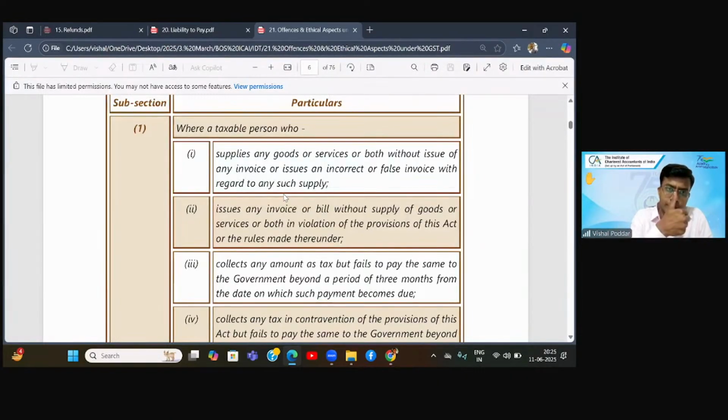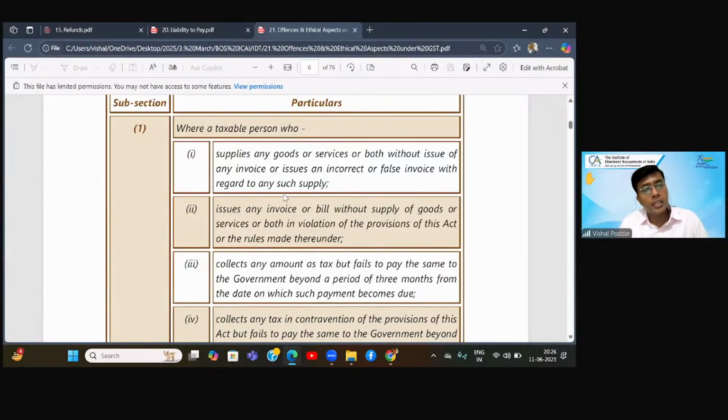One who has taken registration is registered person. Taxable is the person who has taken registration or not taken registration, but who was supposed to take registration because of section 22 or 24. Both persons are called taxable person. And then third comes any person. So any person means maybe anyone, may not be even connected with GST law.